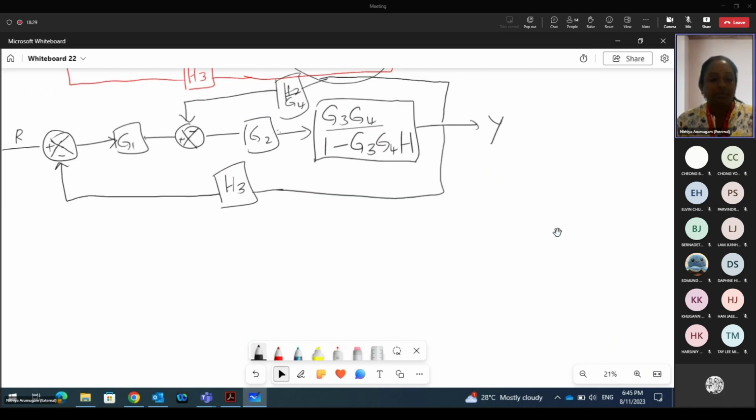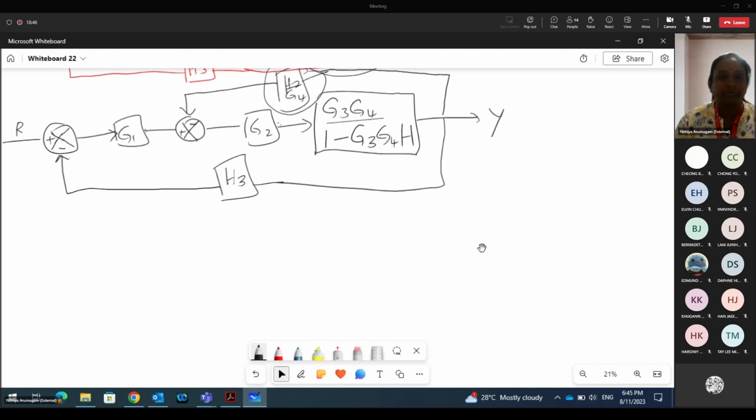From here, if you notice, we have one negative feedback loop, H2 over G4. This one. So we're going to eliminate that. We call that the inner loop. How? Plus minus R, G1.